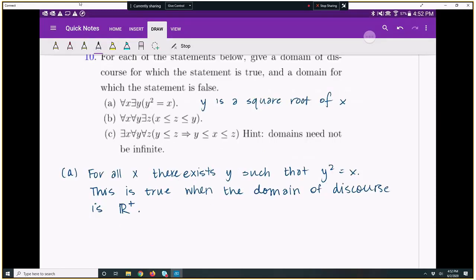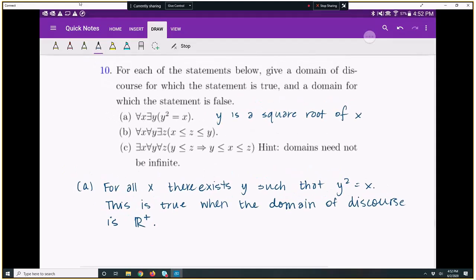It also asks us to give a domain for which the statement is false. Like I said, if we included the negative real numbers, it would be false. But also, if we restricted the domain to the rational numbers, it would be false.